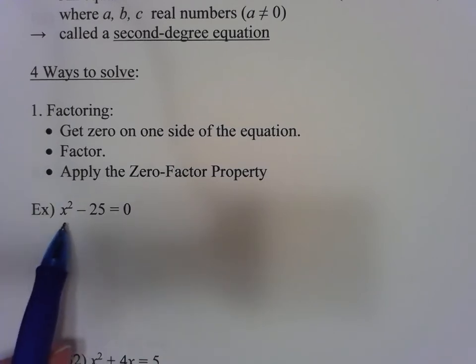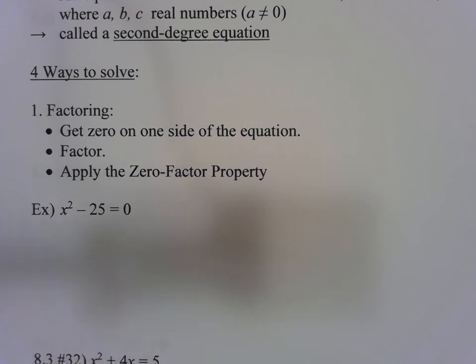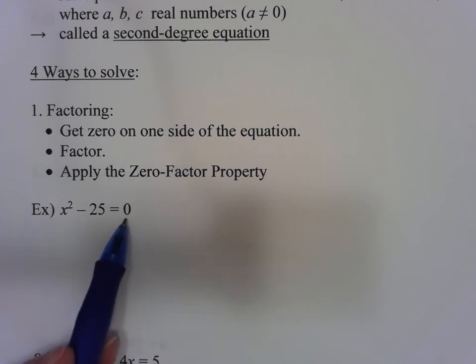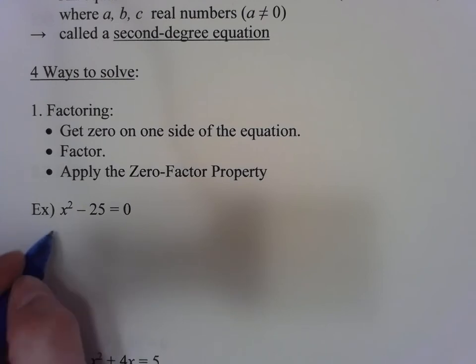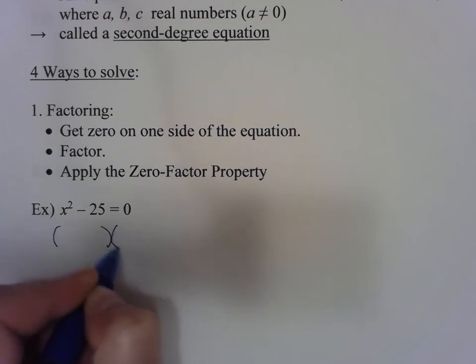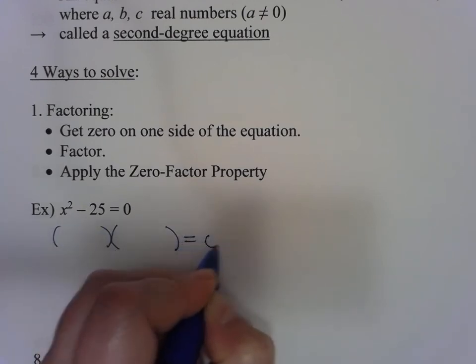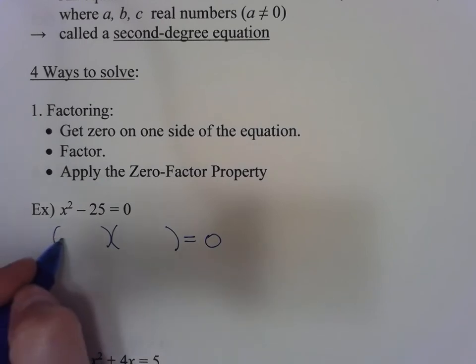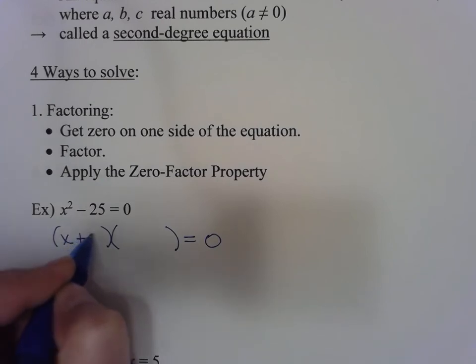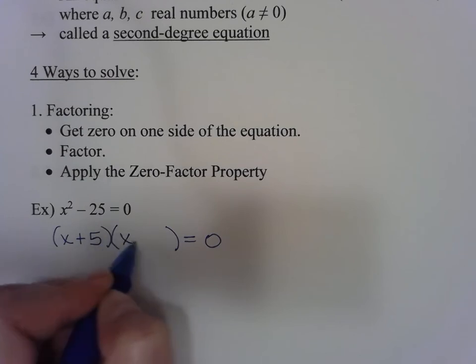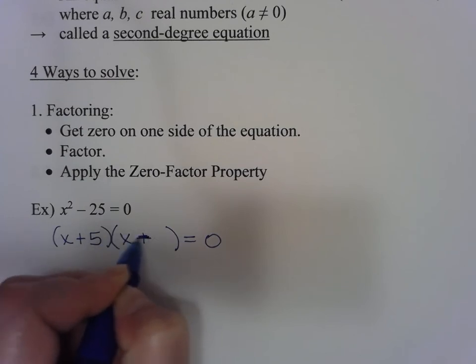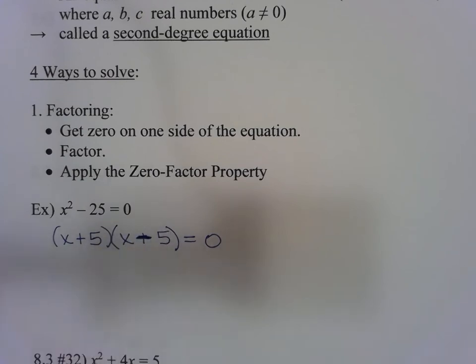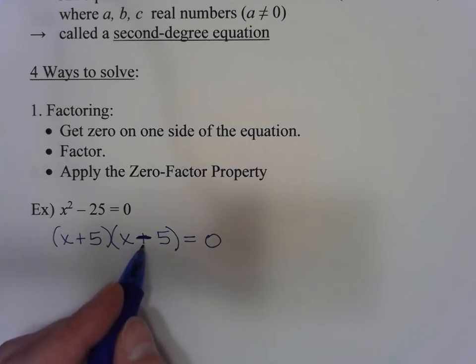So I could solve x squared minus 25 equals 0. I already have 0 on one side. So I could factor. This is a difference of 2 squares. So I'll have 1 x plus, and 1 with a minus. Sorry, that's a minus sign right there.